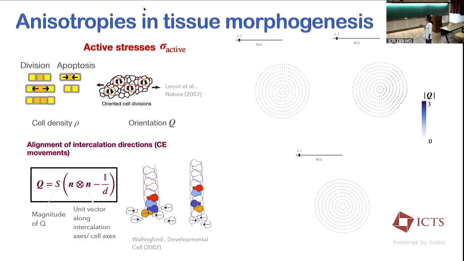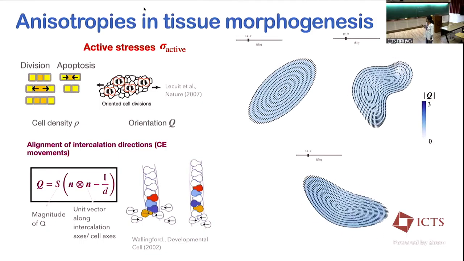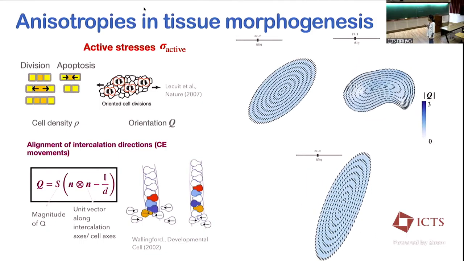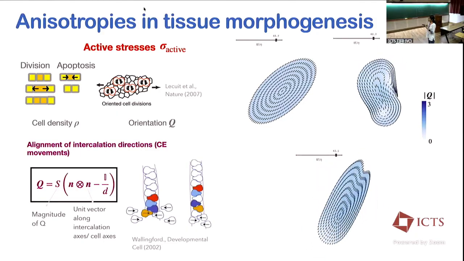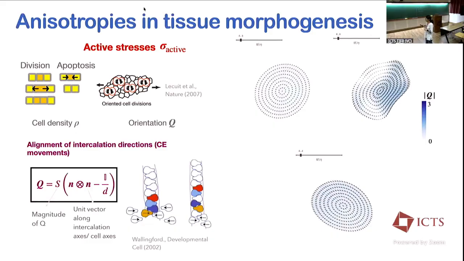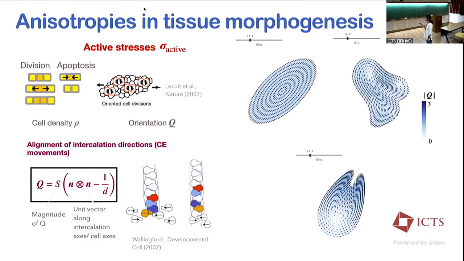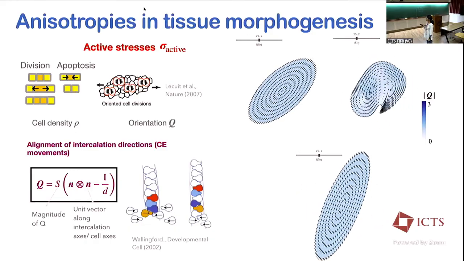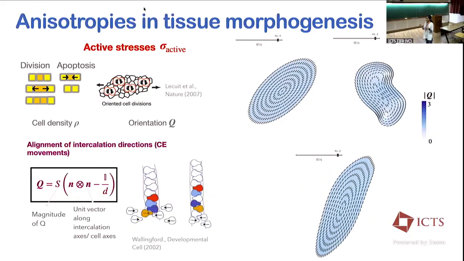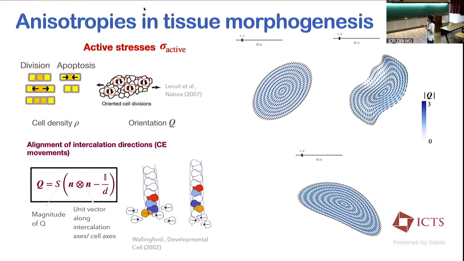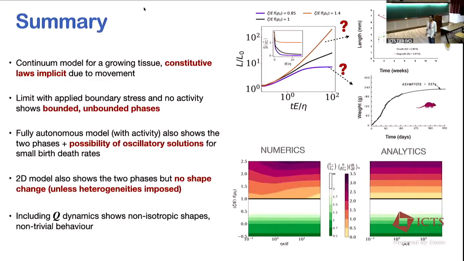And if you include the orientational degree of freedom that you neglected, that comes from basically oriented divisions or orientation in cell intercalation directions, you see many non-trivial phases coming up, depending on the correlation length of the nematic and the hydrodynamic length of the tissue. So I'll stop here and be happy to take questions.